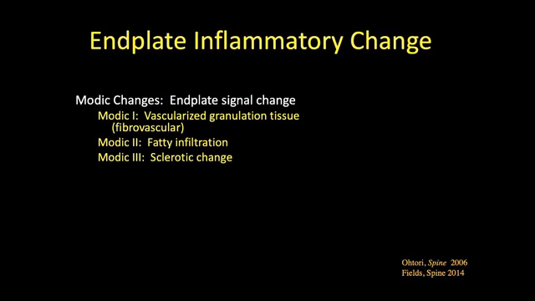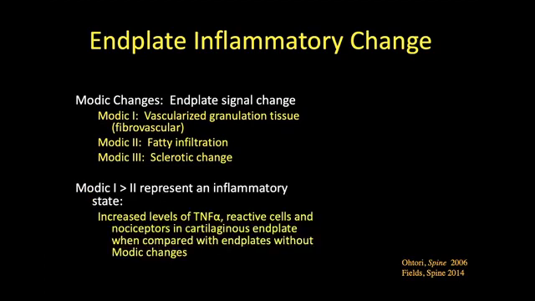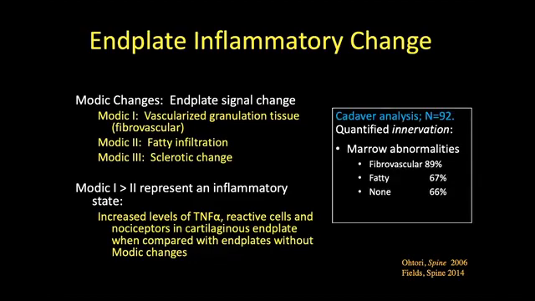And Modic type 3 is this sclerotic or end-stage eburnation that occurs in the bone. So Modic 1 greater than Modic 2 represents an inflammatory state. You have increased levels of these inflammatory mediators such as TNF alpha when you compare it to end plates without the Modic changes, and again, this is based on some biopsy work and cadaver work.